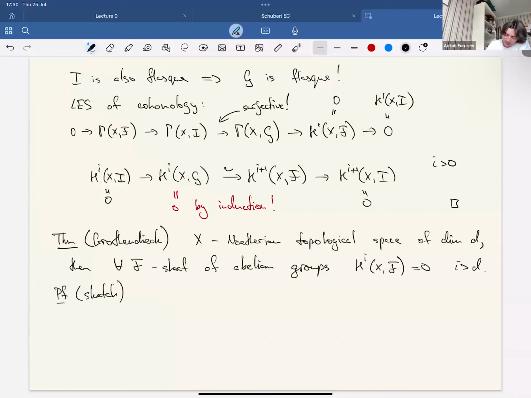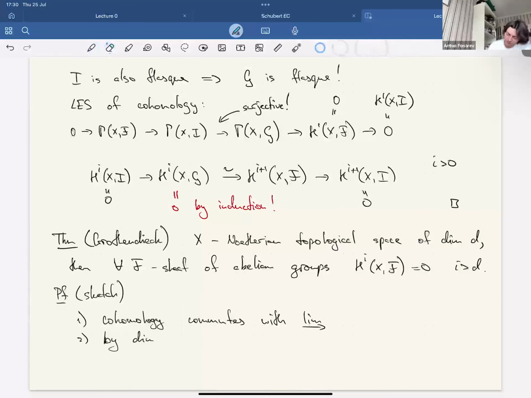So the first observation, which is worth remembering, is that cohomology commutes with direct limits. So in particular, cohomology commutes with, say, even infinite direct sums. There is no problem.